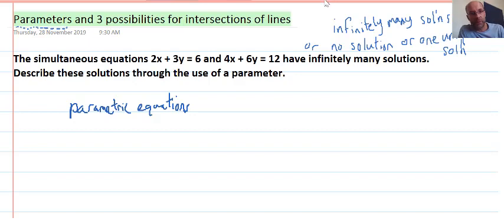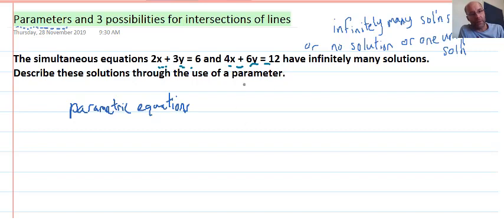And so we've got this example, the simultaneous equations given there, they have infinitely many solutions. Now we can see why that is, because the second equation is basically a multiple of the first, so they touch in infinitely many places. All points, in fact, are common. So they have infinitely many solutions.